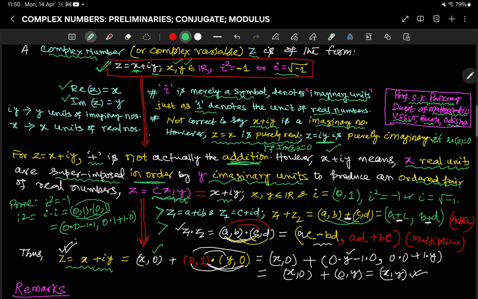So you will write it as (minus 1, 0), which is minus 1. Therefore i square is equal to minus 1. So this is proved.